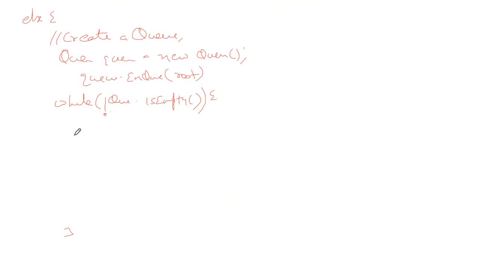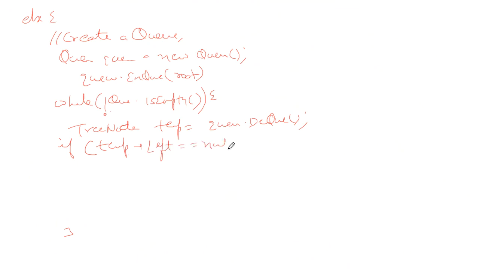Tree node temp equal to Q dot DQ. If temp dot left equal to null. Just a second. Let me complete.